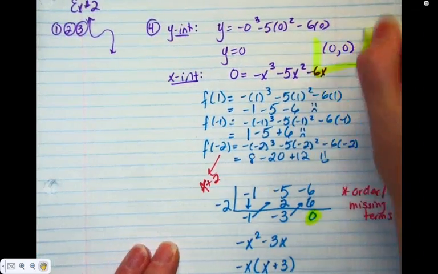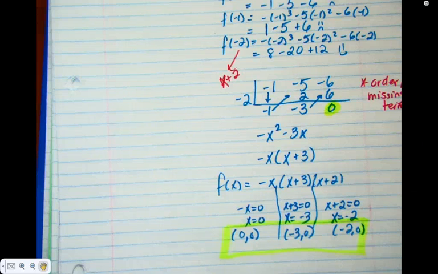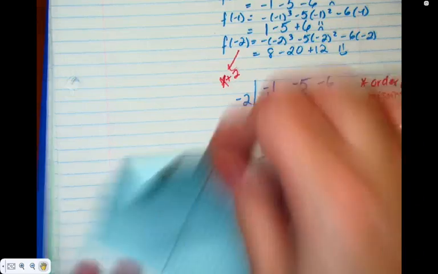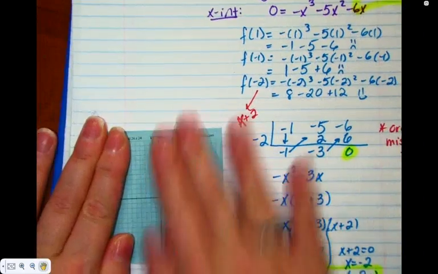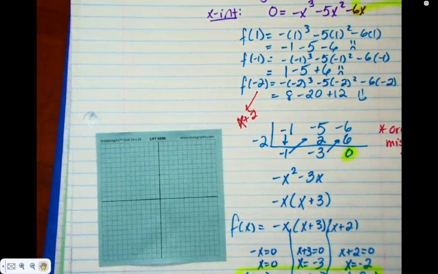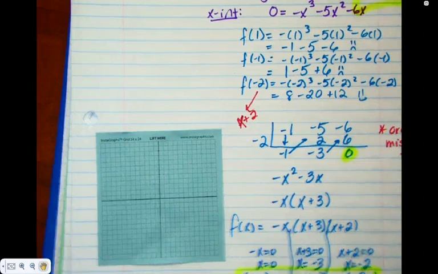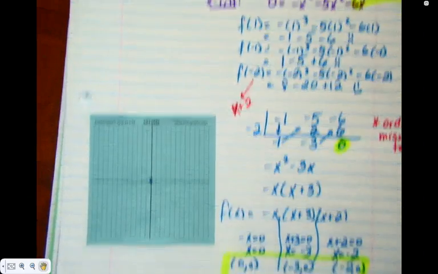Okay, so I got my y-intercept up here. I got 3 x-intercepts, which is really cool. Grabbing a sticky note. This is 0, 0 for my y-intercept.